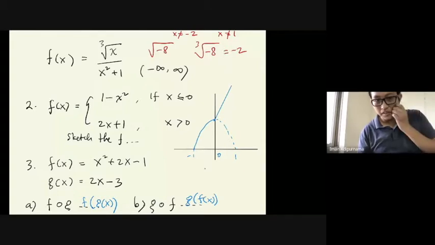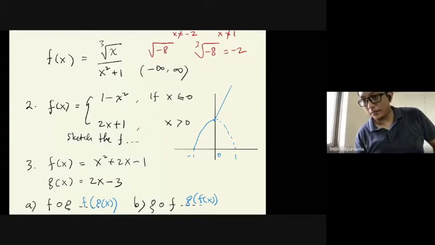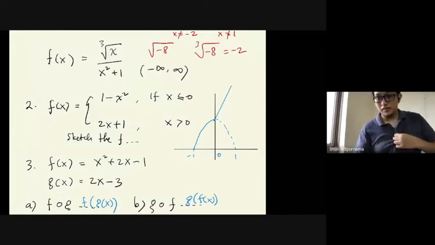3A is FOG, G is in the alphabet. Sorry, I just read your chat, Pong, right? Yeah, it's the composite functions.